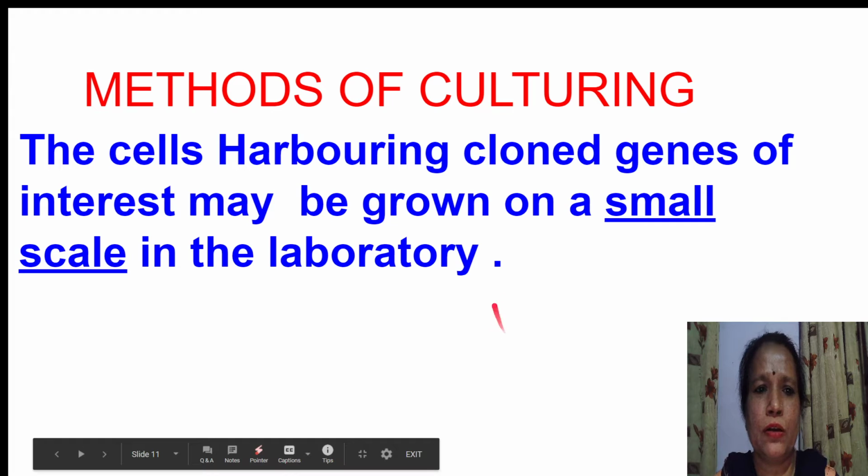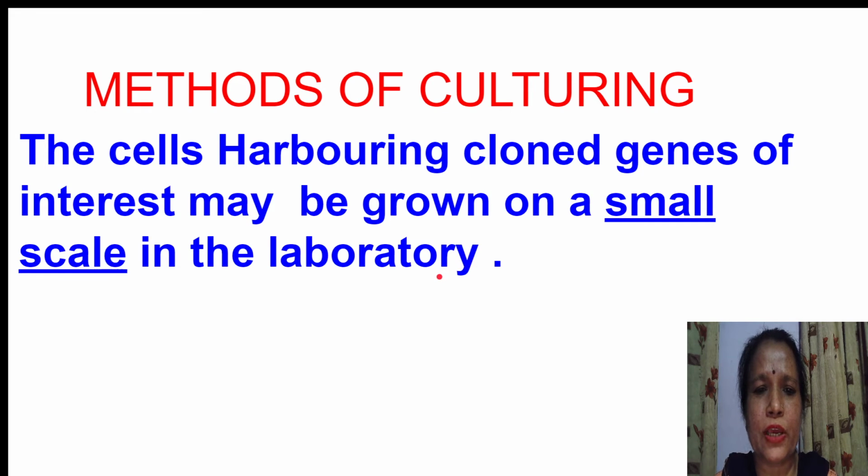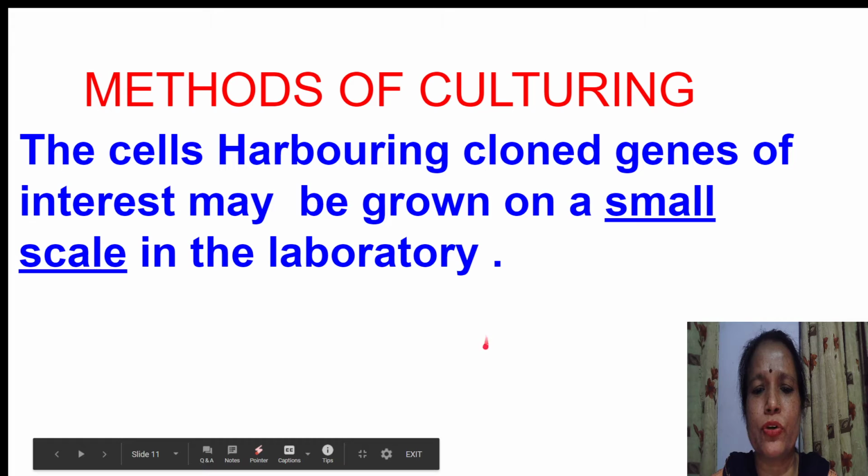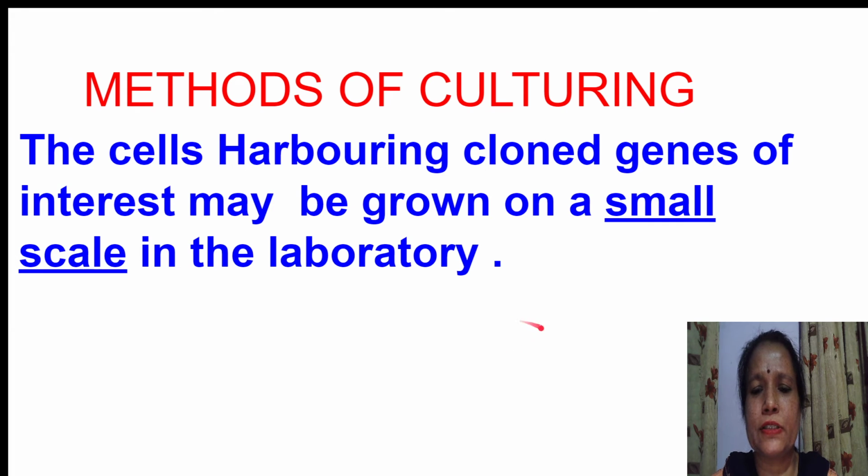Now, methods of culturing. We can culture on a small scale or on a large scale. First we will discuss that cells having cloned genes may be grown on a small scale. That is, in the laboratory we take a petri dish and we take microorganisms in it with a desired gene, and as a result small quantities of the product are obtained.